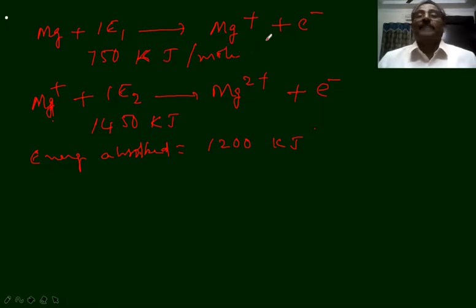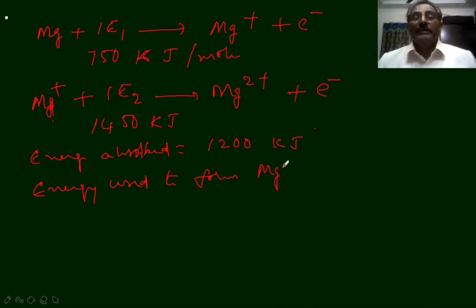In order to form the unipositive ion, energy used to form Mg plus ions is equal to 750 kilojoules.